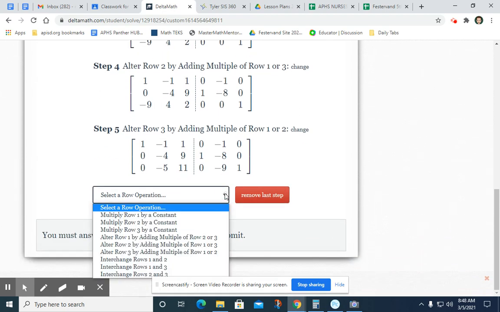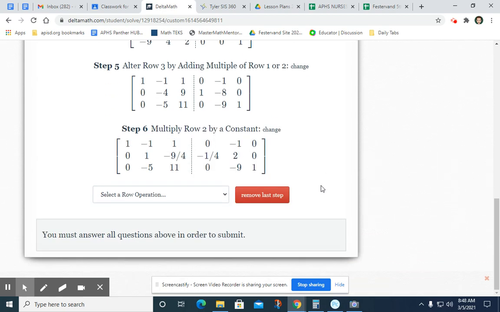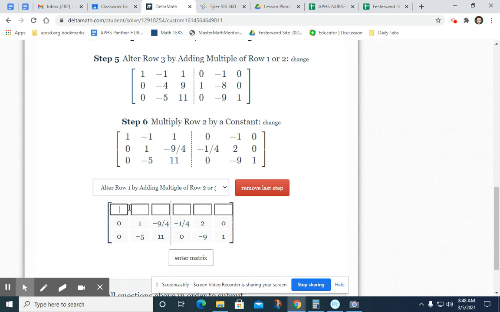And then I multiplied row 2 by a constant, 0, 1, negative 9/4, negative 1/4, 2, 0. And then I altered row 1, 1, 0, negative 5/4, negative 1/4, 1, 0.